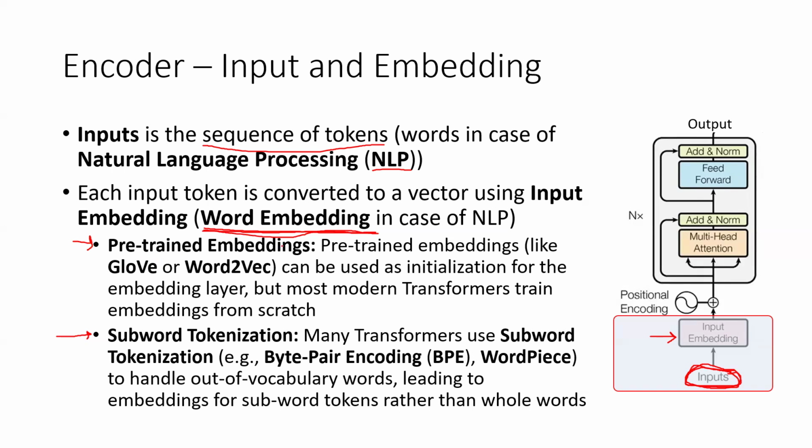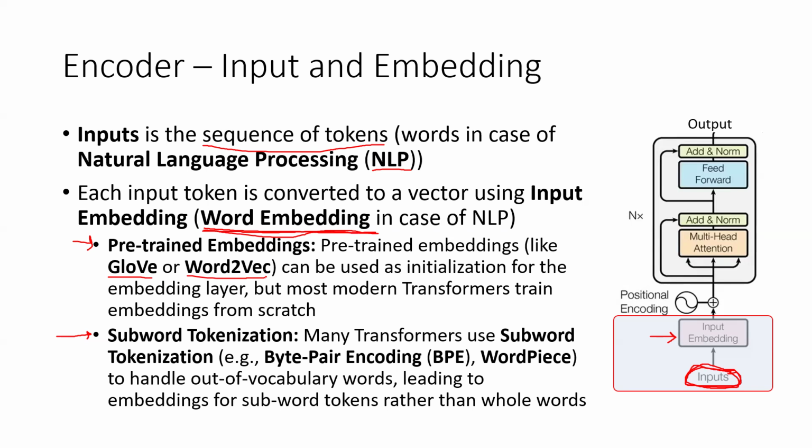So you give a very large corpus. Corpus means a large amount of text, and then with this text, it can train with a lot of time and a lot of computation power, and it can generate a set of vectors for each of the words or tokens. So GloVe and Word2Vec are two of the well-known such pre-trained embeddings.